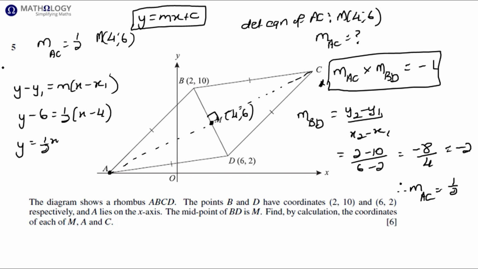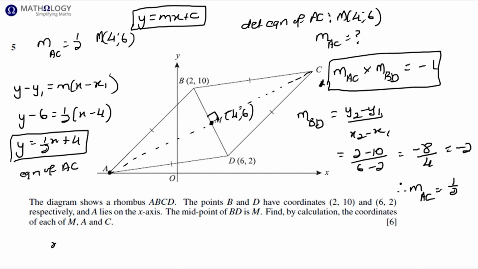A half times minus 4 is minus 2, plus 6 will be 4. So this is the equation of AC.